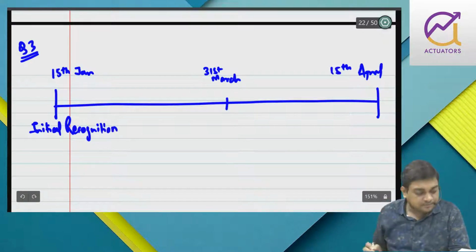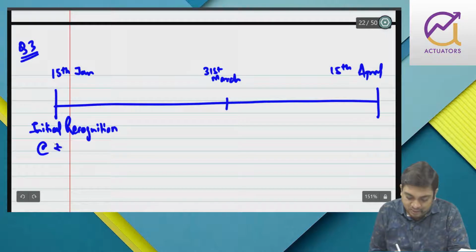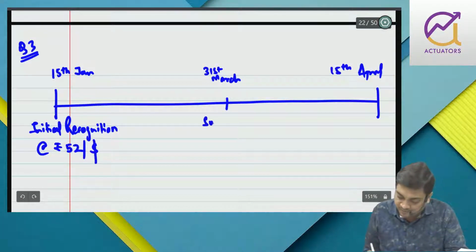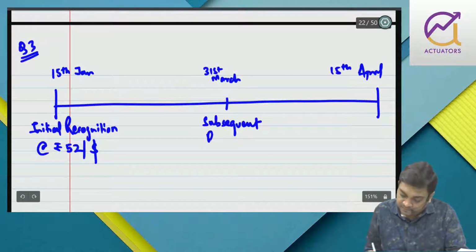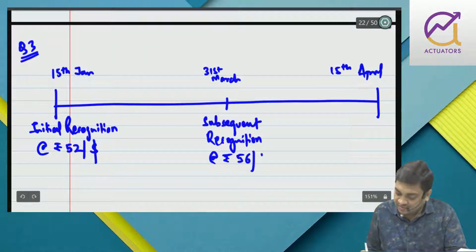Initial recognition will be at the rate rupees 52 per dollar. Then subsequent recognition will be at the rate 56 per dollar.